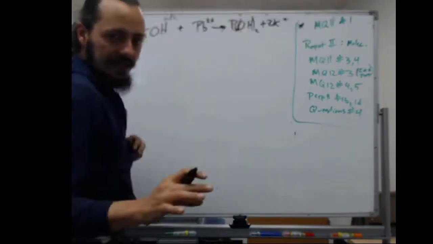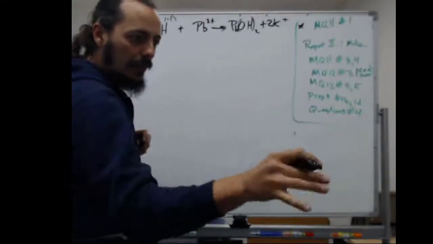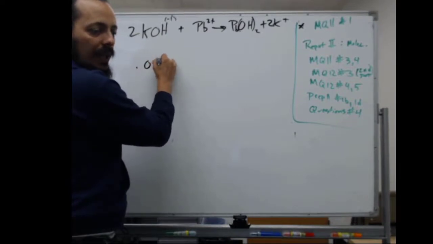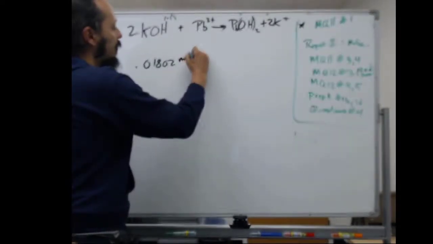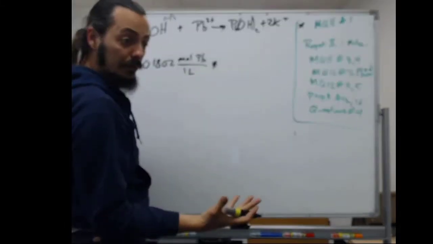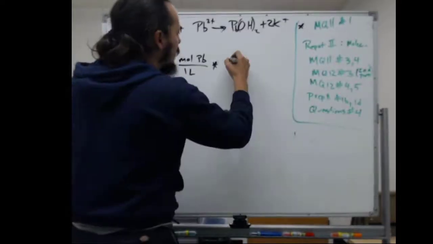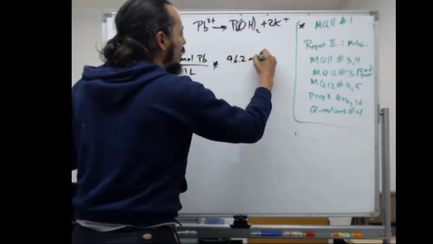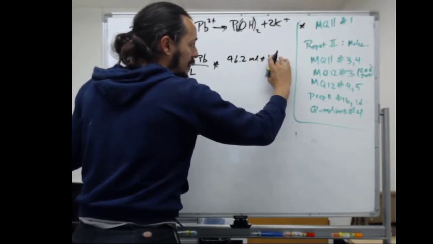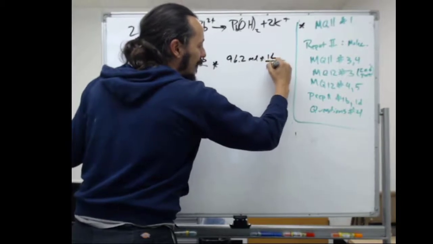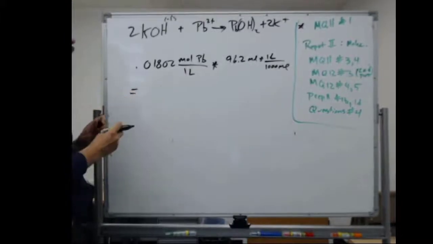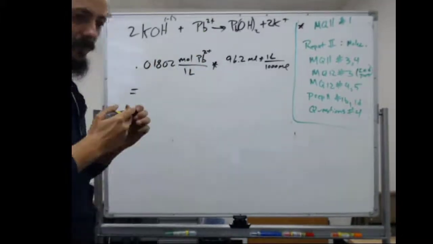Now I want to find the equal moles. So I'm going to find the moles of lead 2 plus we have. So I'm going to take the 0.01802 moles of Pb per 1 liter. I'm going to multiply by the volume so we can get to moles, and that's going to be 96.2 milliliters times 1 liter over 1,000 milliliters. That'll cancel out milliliters, that'll cancel out liters. This will get us our moles of lead 2 plus.